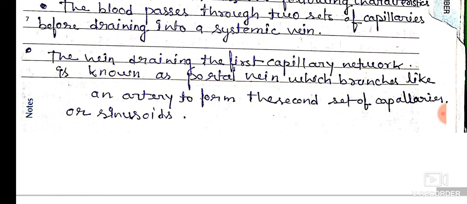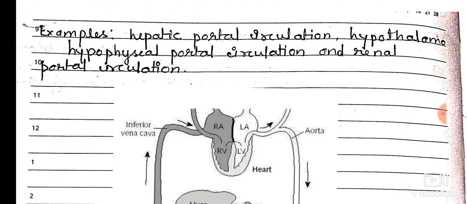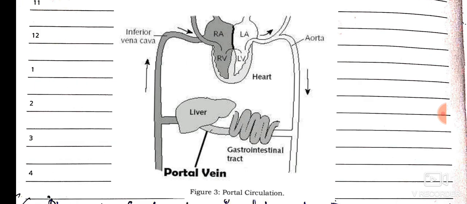The vein draining the first capillary network is known as the portal vein, which branches like an artery to form the second set of capillaries or sinusoids. Examples are hepatic portal circulation, hypothalamo-hypophyseal portal circulation, and renal portal circulation. This is the image of portal circulation.